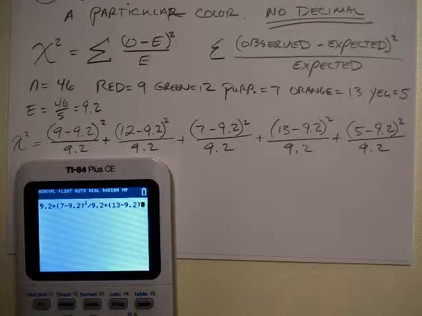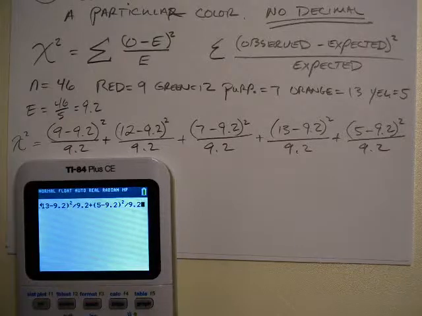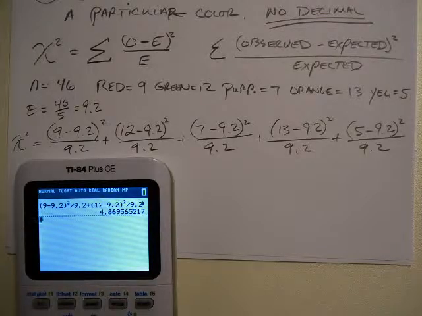Yeah, you square it and then you divide that by the expected. I'm hoping that you're putting in different values for your own, right? So once I've put all that in, assuming that I have everything correct, that should give me a chi-squared value.